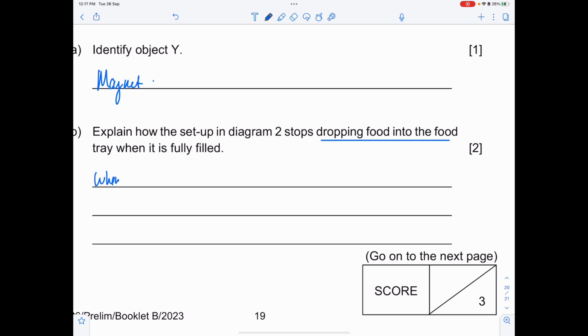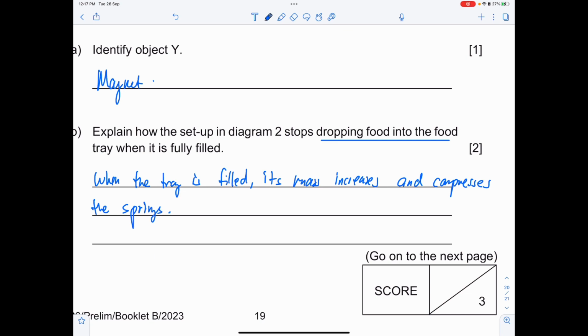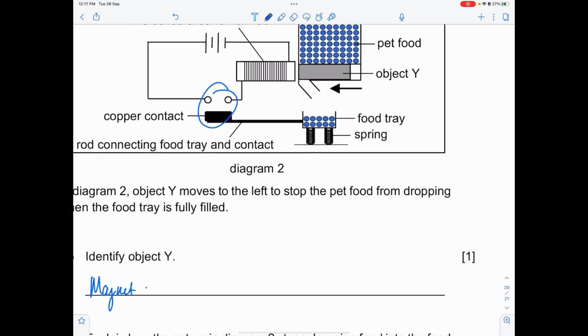when the tray is filled, its mass increases and compresses the spring. So when it compresses, what happened? Then it moves down, right?